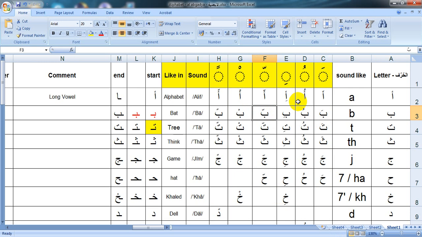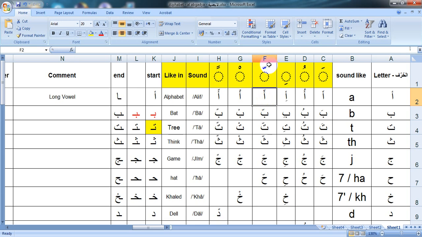Not in English. In English, A will always be an A. But alif in Arabic can be a for the fatha, which is the top dash here, u for the damma, which is the waw shape here on the top, and e, which is the kasra, down there under the letter.